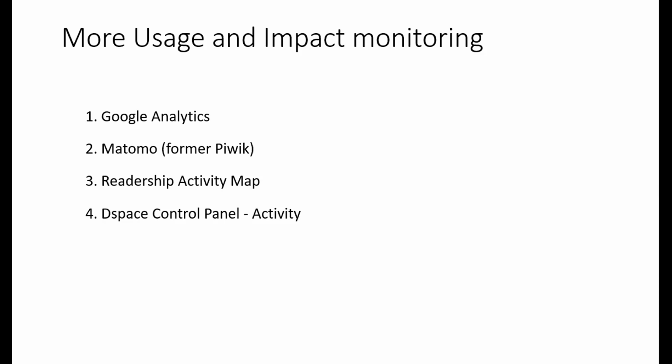Also, readership activity maps are becoming quite popular for a general overview and impact assessment. These show a geographic spread of who is accessing what, and from where, in your repository. I think it's a pretty cool tool. There's one by bepress, but it's proprietary.